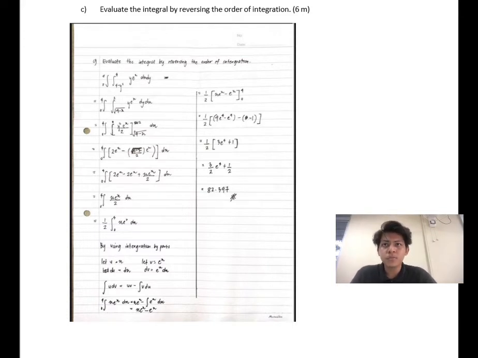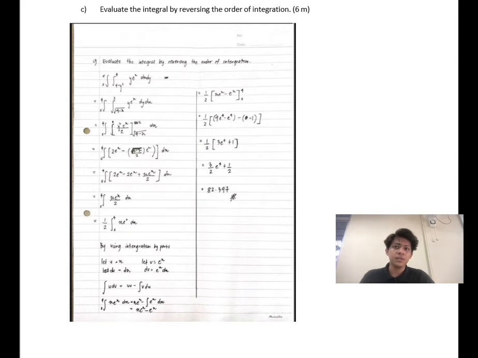So we just substitute like before, then we got from 0 to 4 of x e to the power of x over 2 dx, because we integrate dy first. Then we got 1 over 2 from 0 to 4 of x e to the power of x dx.